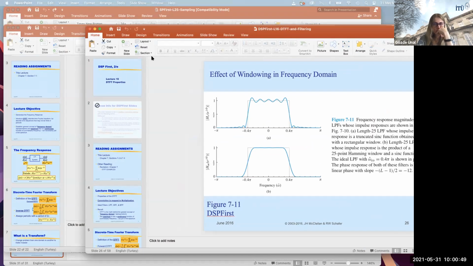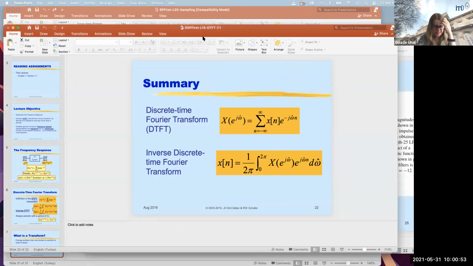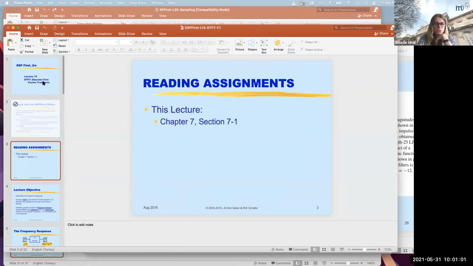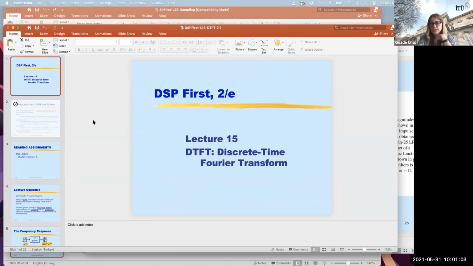Okay, guys, that was the end of amplitude modulation and sampling. Now I want us to go to the discrete time Fourier transform, if there are no questions. We have this topic left, the discrete time Fourier transform.